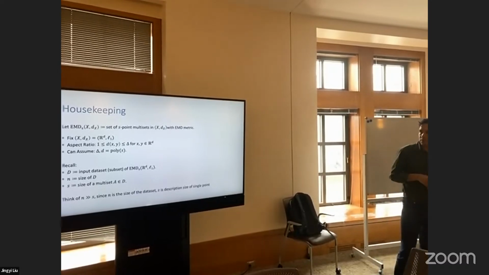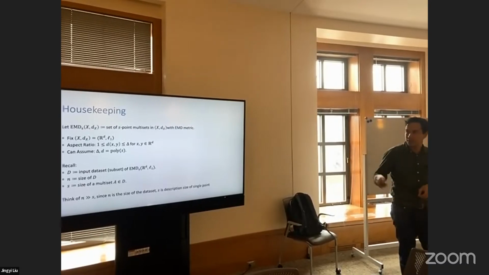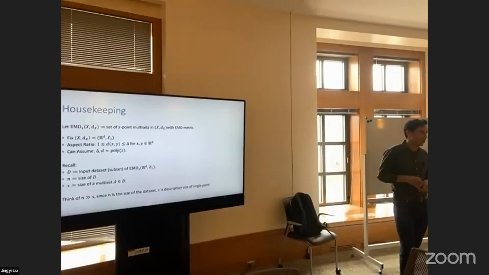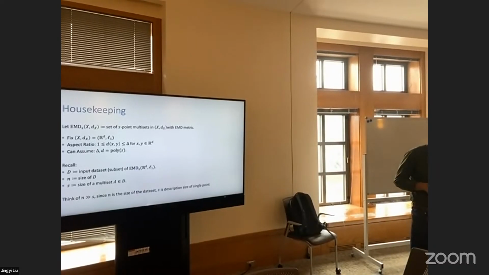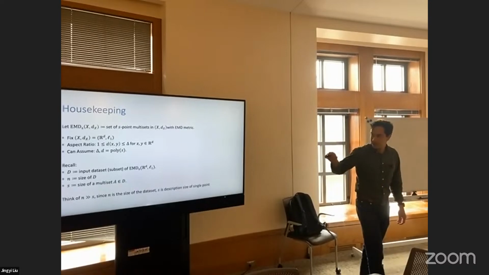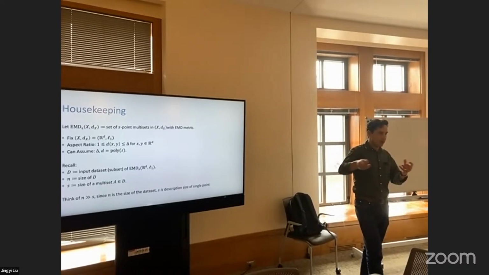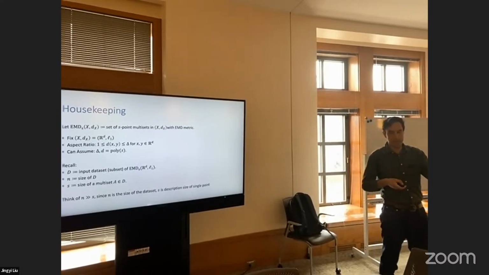You can embed L2 into L1, and you can embed lots of other fun metrics into L1, so L1 will be a good base metric. I'm also going to assume that all the distances between the points are between 0 and delta. That's going to be the aspect ratio. And we can actually assume the dimension and delta are some polynomial in S. There's an easy reduction to that case, but it's not important to mention here. So just to recall, D is the data set that we want to pre-process and get very fast query answering from.